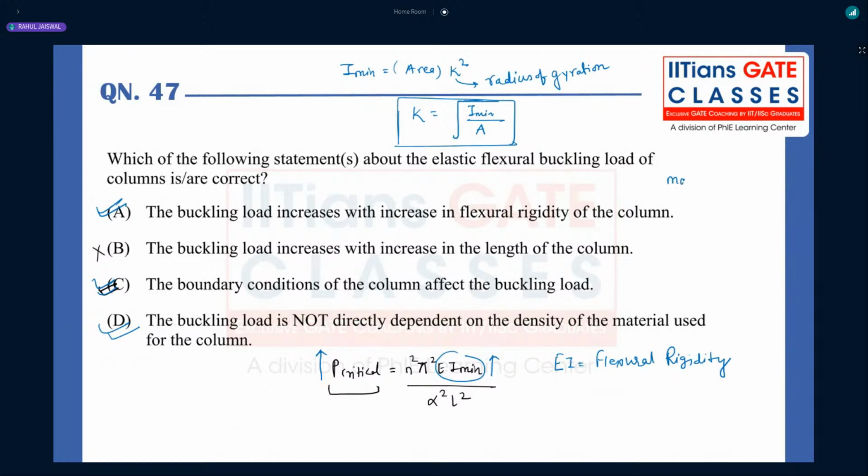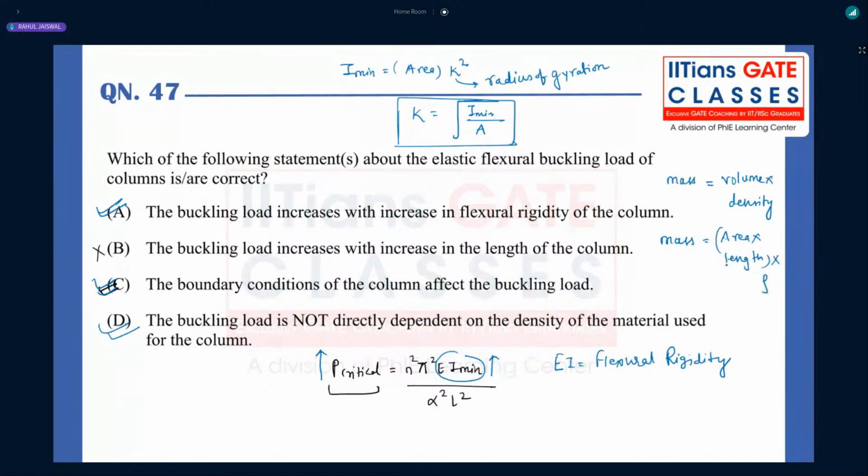Let's say, for example, you have the mass of the column, which can be written as volume into density, right? The mass of the column cannot be changed. Suppose length is also fixed. So we can write area into length, that is the volume, into density, right?